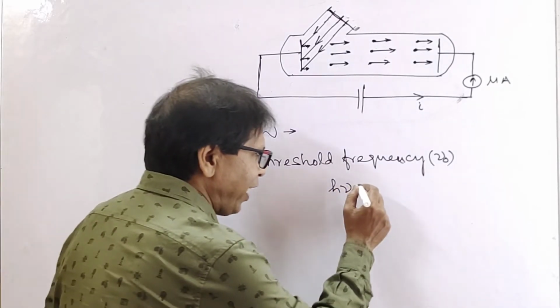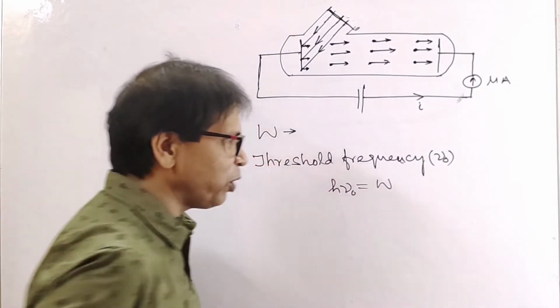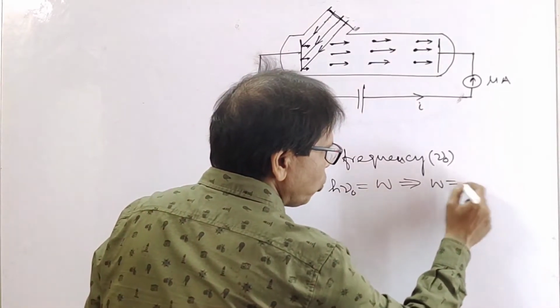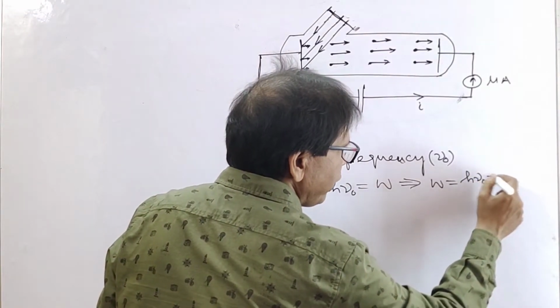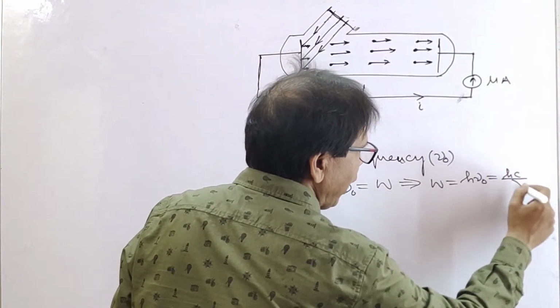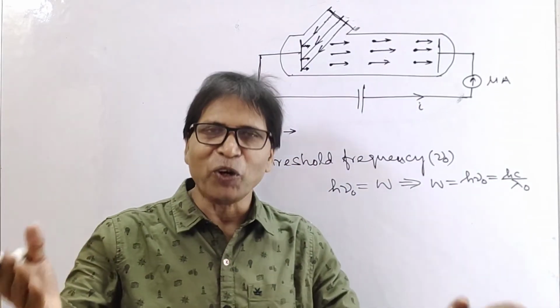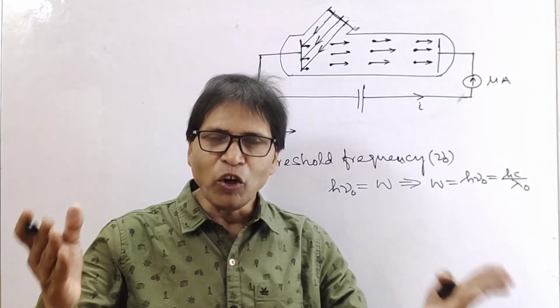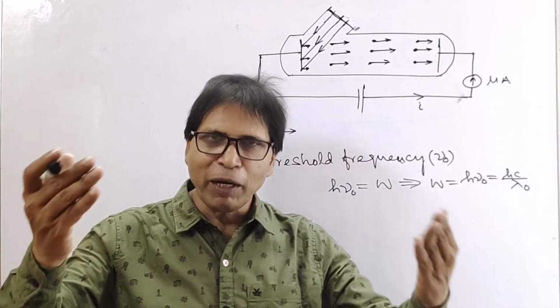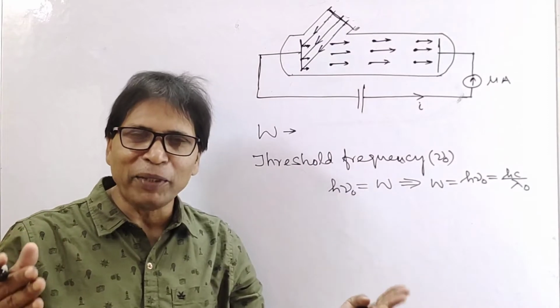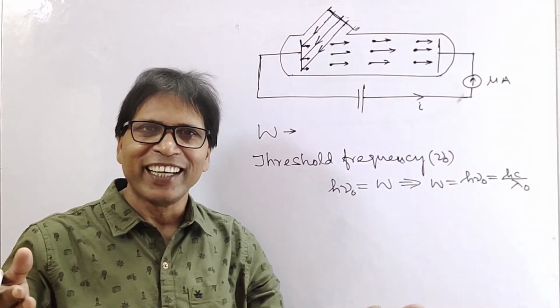So look at this, h nu naught equals W. W equals h nu naught equals hc by lambda naught, where lambda naught is called threshold wavelength. The threshold wavelength is the maximum value of wavelength of radiation by which emission of electron takes place.